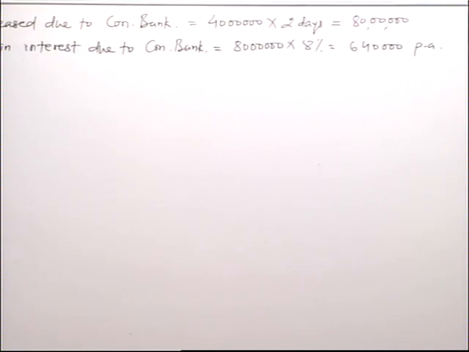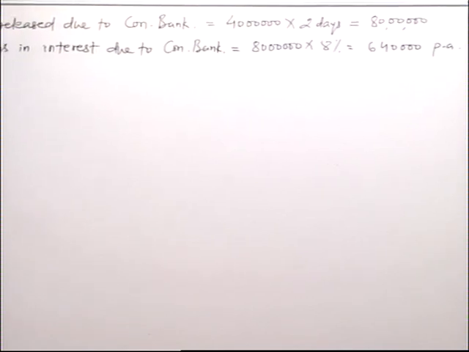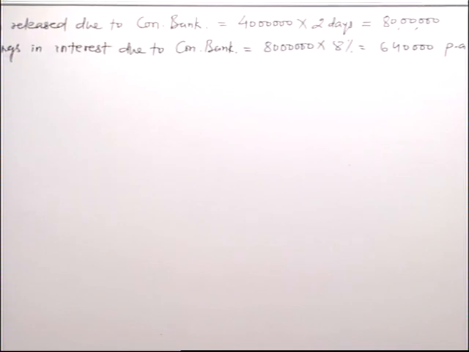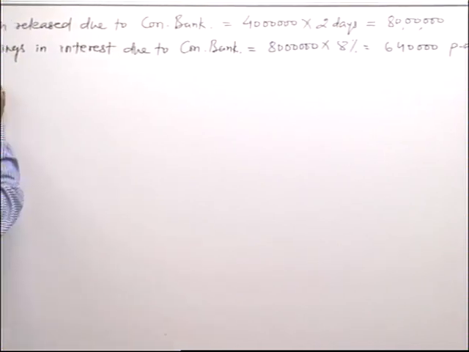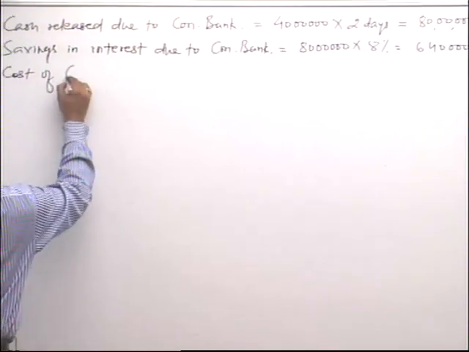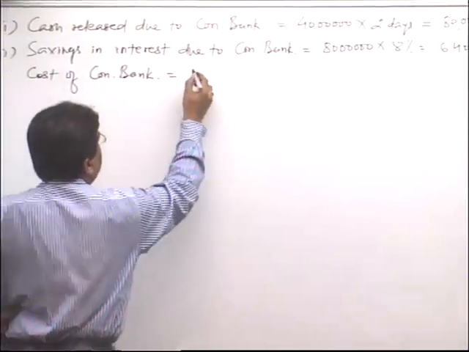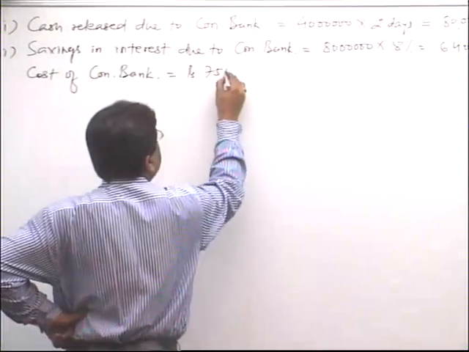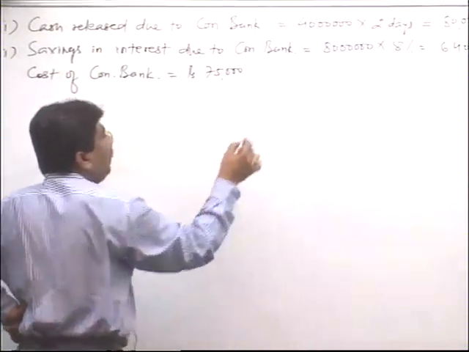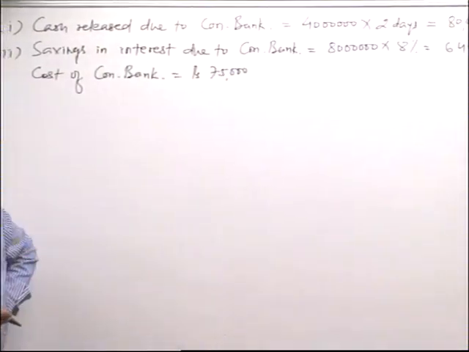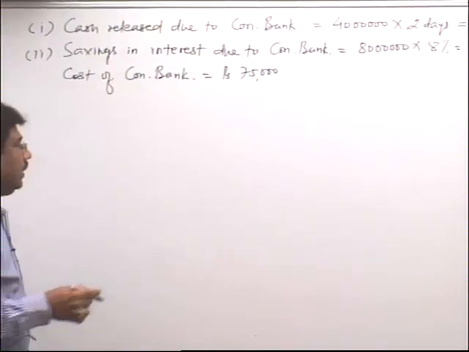Now this is the benefit of the concentration banking system. Now it should be compared with its cost. The cost of concentration banking system is 75,000. Cost of concentration banking is equal to rupees 75,000. Now if we compare the benefit and the cost, we find that there is a net benefit.